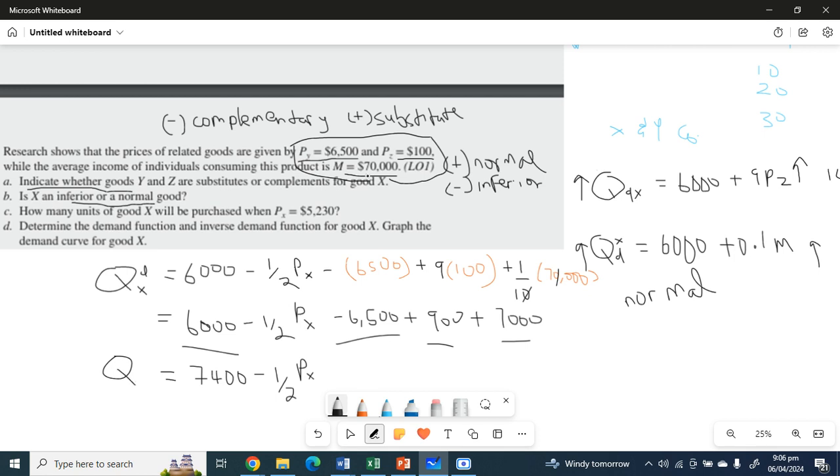And then now the question asks us how many units of good X we purchase when PX equals 5,230. We could have even included it in these tabulations to have also made life easy.